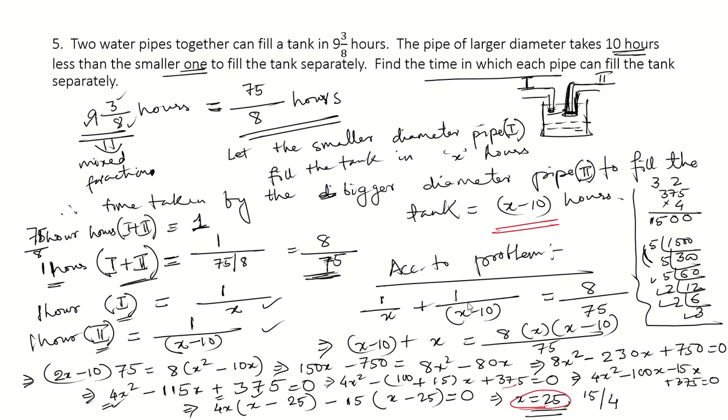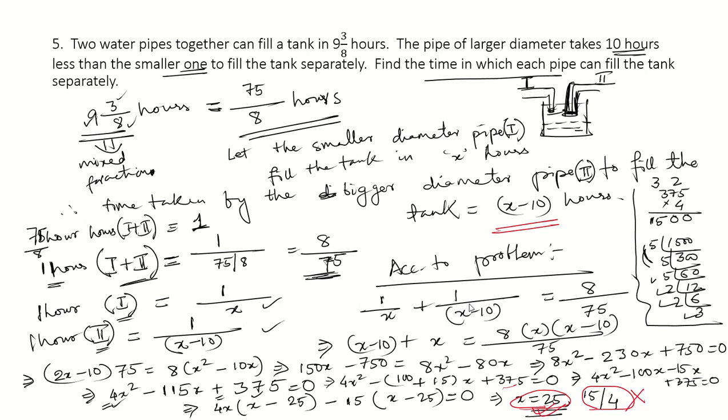But if x is 15/4, then subtracting 10 from that gives something negative. Time cannot be negative, it needs to be positive. Since x minus 10 would be less than 0, we have to discard this value and take x equals 25.